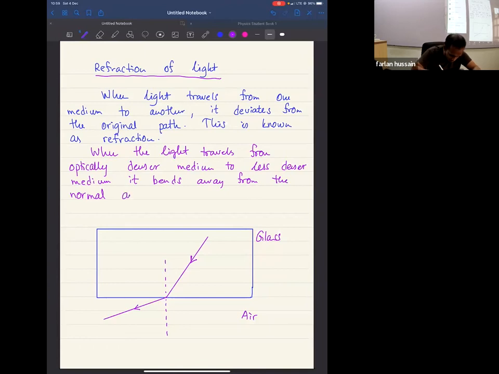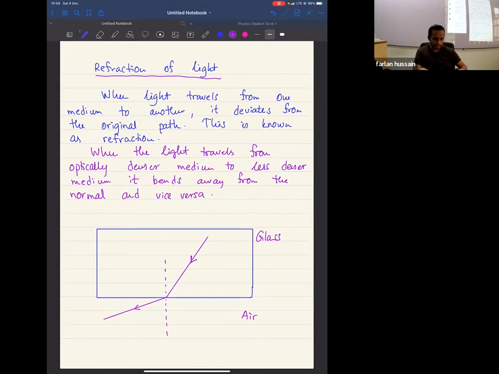And vice versa: when it is traveling from a less dense medium to a denser medium, it bends towards the normal.